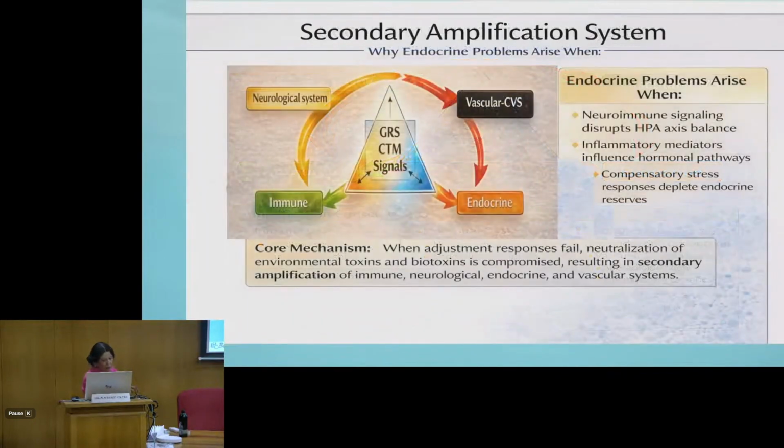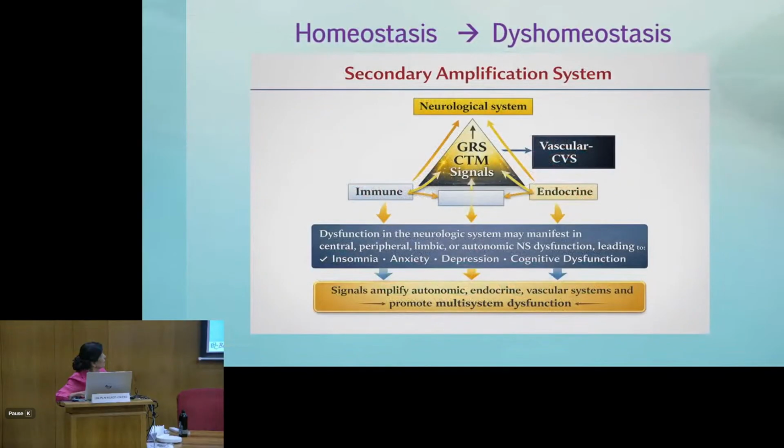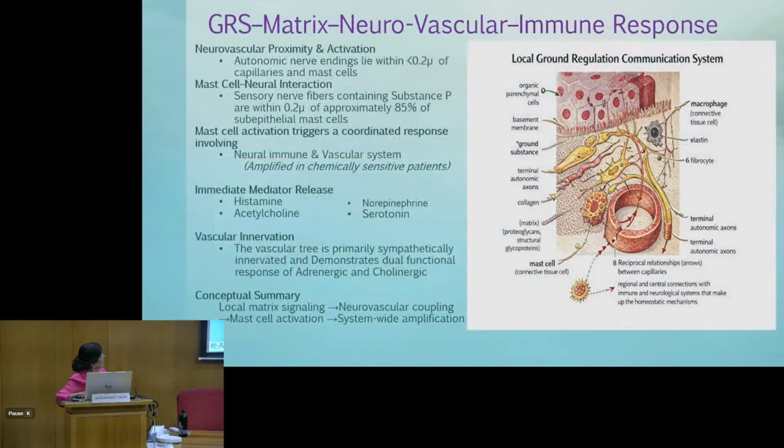Then you look at, I'm sorry about, okay, so as you see, these are the blood vessels, and there are three types of cells in this ground matter: these are the mast cells, these are the fibroblasts, and these are the macrophages. And they are very important.